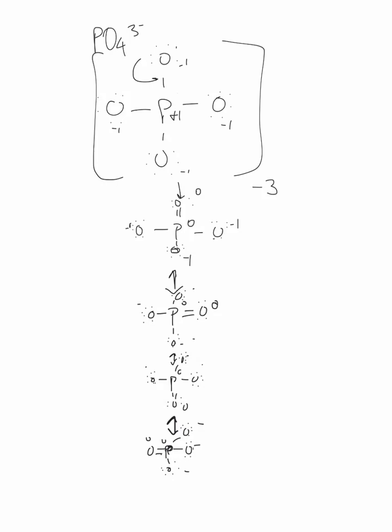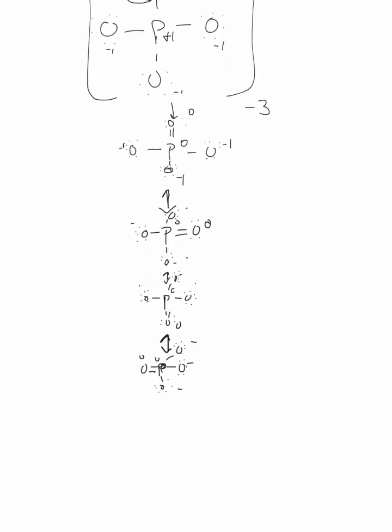So let's think back to a resonance structure that we talked about last time, carbonate. We noticed how carbonate had 3 equivalent structures, all of which had one of the 3 oxygens doubly bound to the carbon.